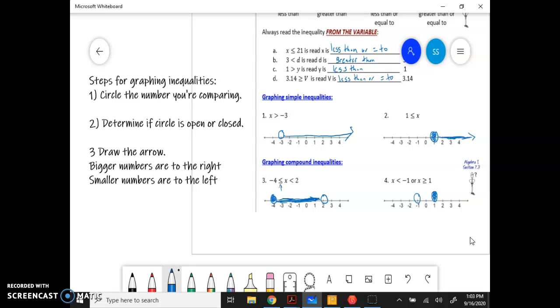That must mean that x is smaller than -1. Smaller numbers are to the left. And on this side, we have x is greater than 1. The mouth is eating the x. That means x must be bigger. Bigger numbers are to the right.